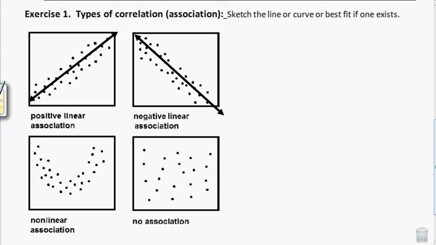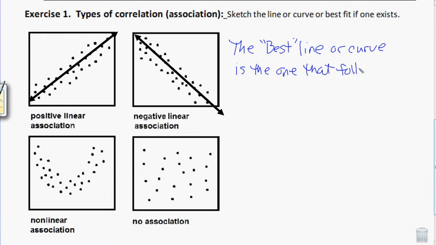And the rule is that the best line, write this down with me, or curve, because sometimes it's a curve, is the one that follows the path and, so this is very important, it has about the same number of points on each side.